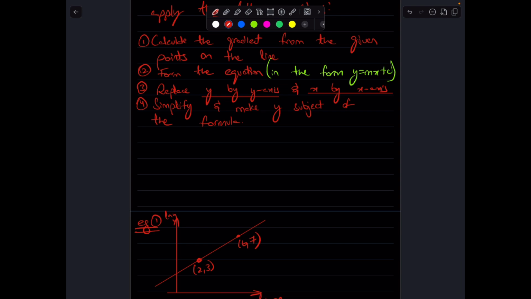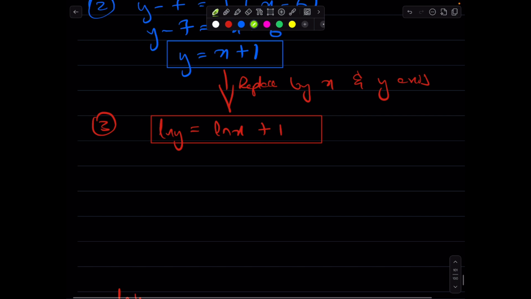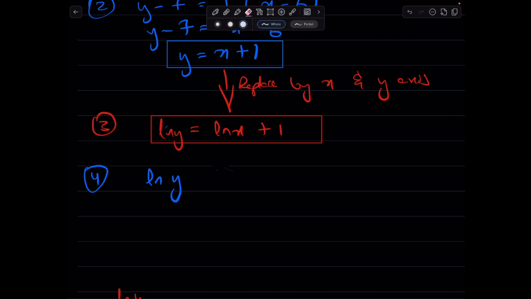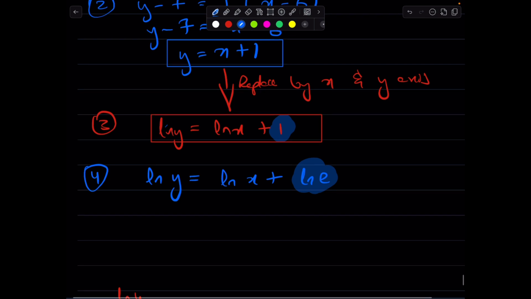So realize that 1 is equal to ln e, and thus we'll rewrite 1 in terms of ln, that is ln e: ln x plus ln e. I'll highlight this so you can trace this down in the future.